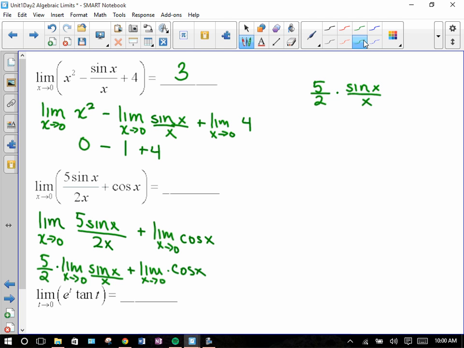Okay, so what is the limit as x approaches 0 of sine x over x? Yes. So it's 5 over 2 times 1. 5 over 2 plus the limit as x approaches 0 of cosine x. What is cosine of 0? One. This is 1 because cosine of 0 is 1 unit away.